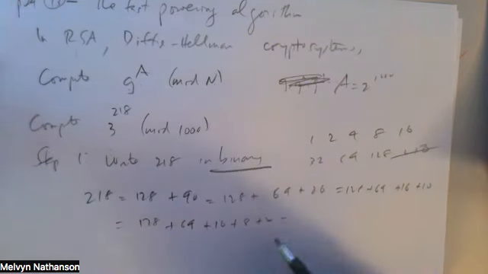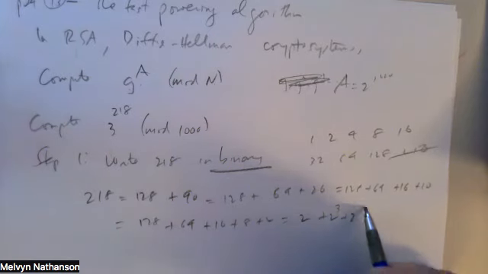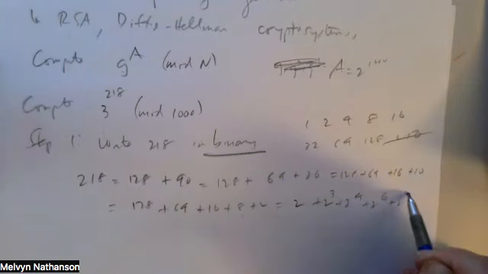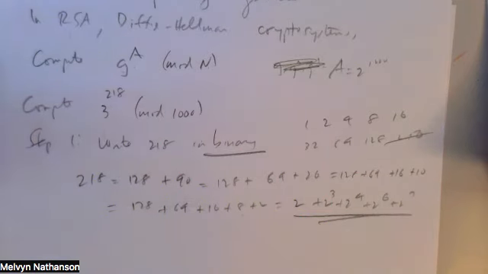So this is equal to 2 plus 2 cubed plus 2 to the 4th plus 2 to the 6th plus 2 to the 7th. So this is the binary expansion of 218.